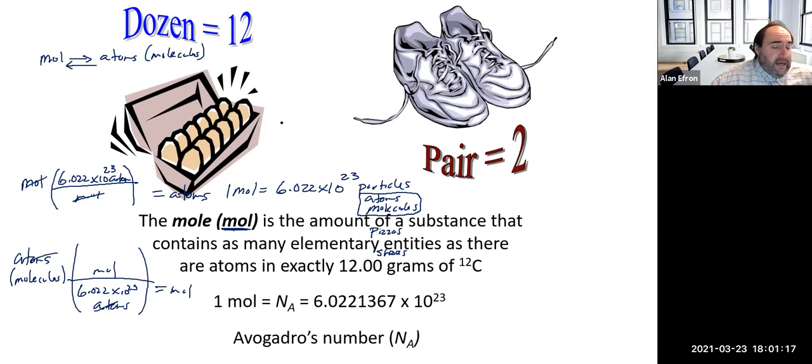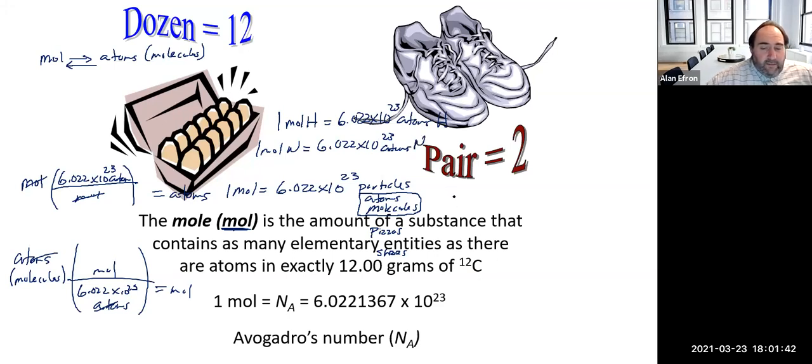And what I mean by that is if you had 1 mole of hydrogen, that would contain 6.022 times 10 to the 23 atoms of hydrogen. If you had 1 mole of nitrogen, that would also equal 6.022 times 10 to the 23 atoms of nitrogen.